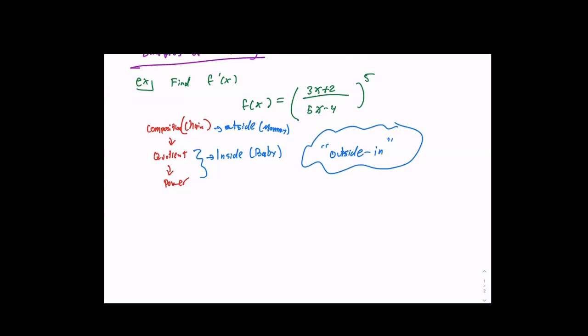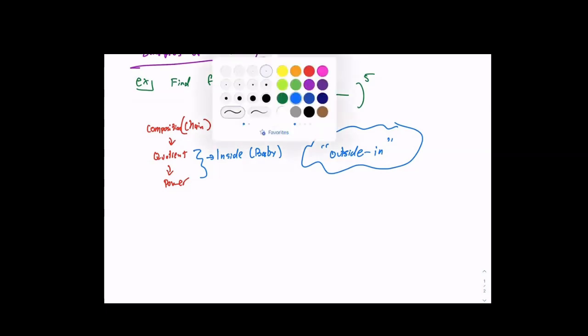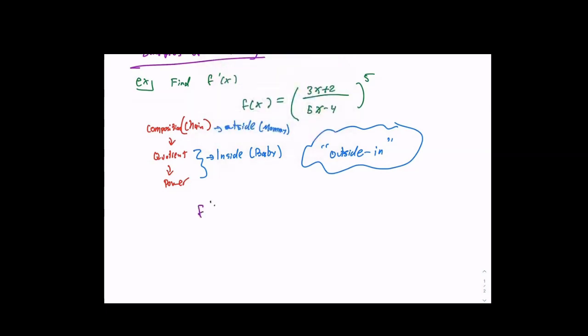But some students do find success with inside out. So what are we going to attack in terms of the derivative? We're going to work on the outside and then work on the inside. Working our way from the outside, there's no need to rewrite this function. It is already calculus friendly. How do I start my derivative?